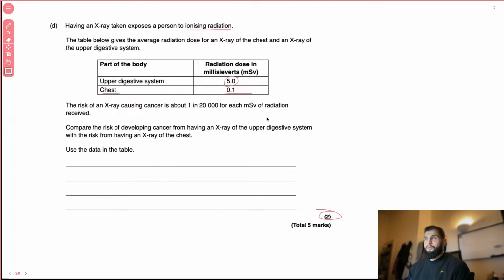It's kind of low. The risk of an X-ray causing cancer is 1 in 20,000 for each millisievert of radiation. So compare the risk of developing cancer from having an X-ray of the upper digestive system with the risk from having an X-ray of the chest. So what are we thinking?